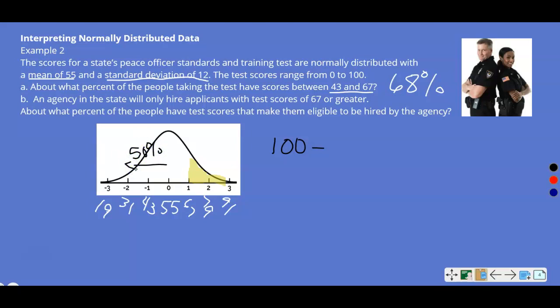And you know this part is 34%. So we know the part that's not highlighted is 84%. So it's easy to see that there's about 16% of the people who would be hired. So it says what percent of people would be hired. If it's greater than 67, this part right here would be about 16%. So that would be B part.